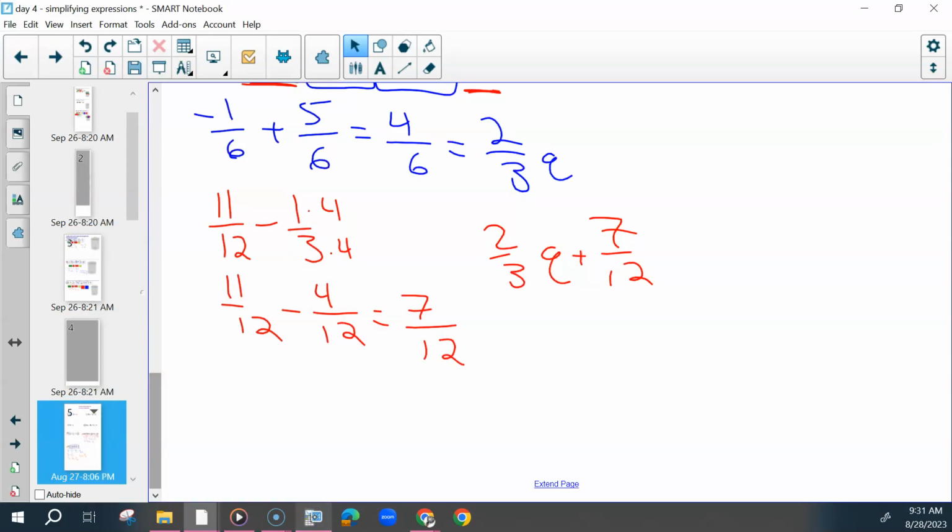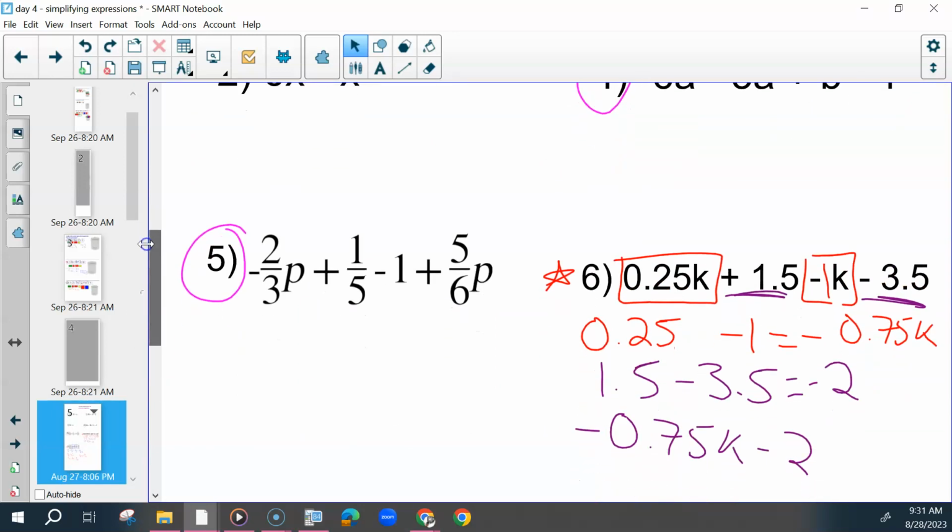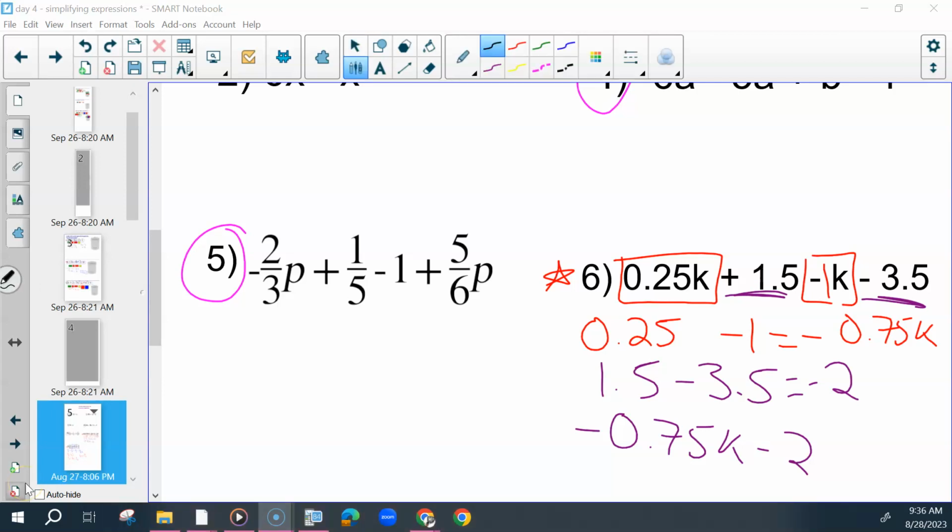Questions on this page before I let you try one? I want you to try number 5. Simplify that answer, and then we'll come back and we'll talk about it. Anyone want to share their answer?